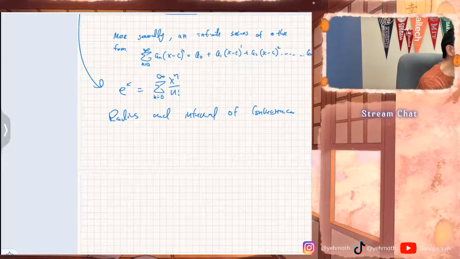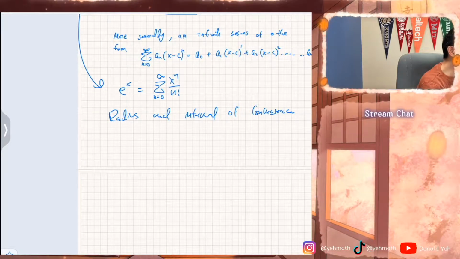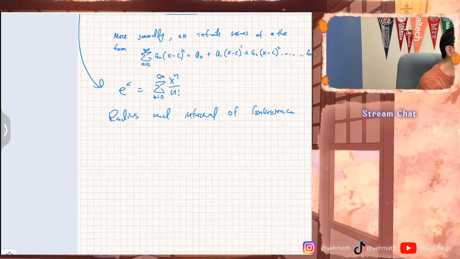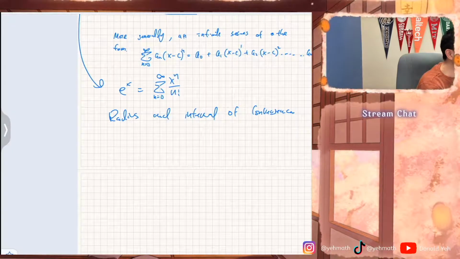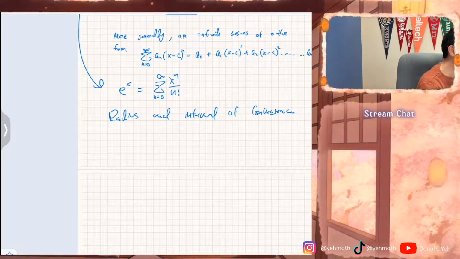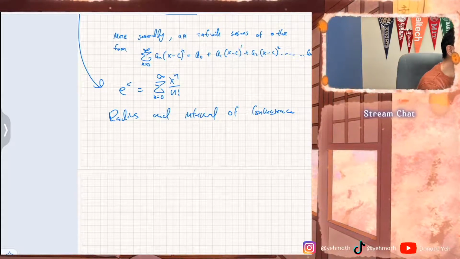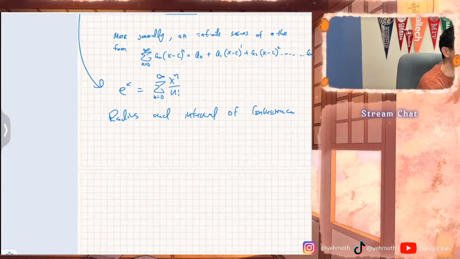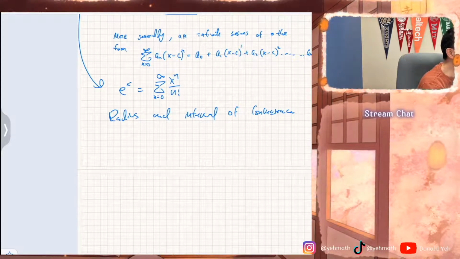So x must be a value for which the whole series is convergent. That's why we want to find the interval of convergence: for what values of x is this series convergent? We did some questions like this on the last homework, but you have to think about all those things.